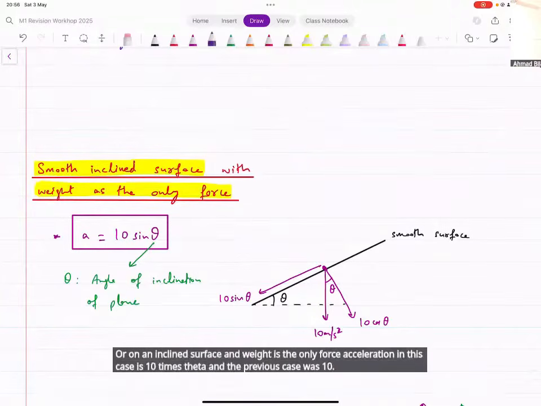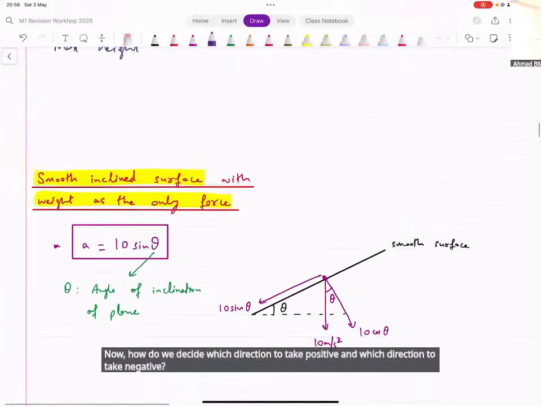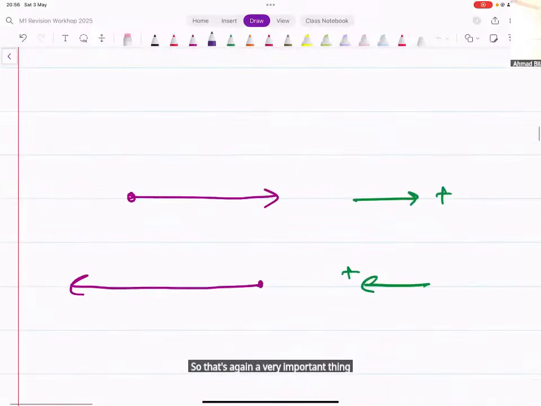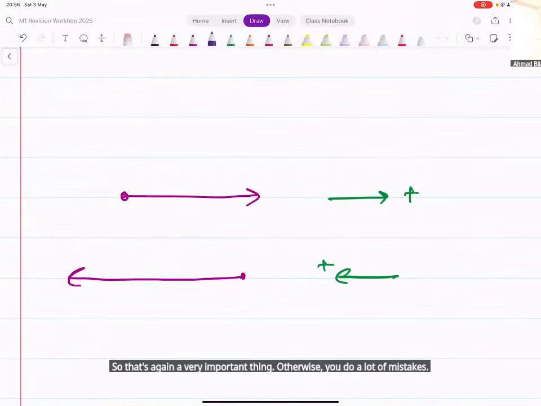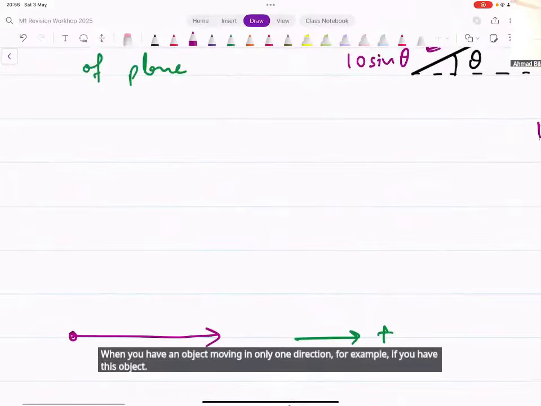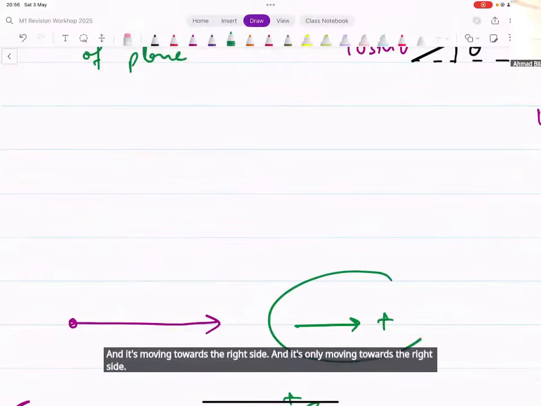Now, how do we decide which direction to take positive and which direction to take negative? That's, again, a very important thing. Otherwise, you'll make a lot of mistakes. When you have an object that is moving in only one direction, for example, if it's moving towards the right side only, you take right side positive.